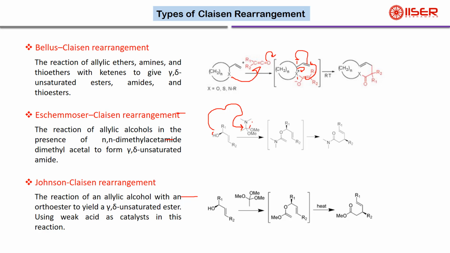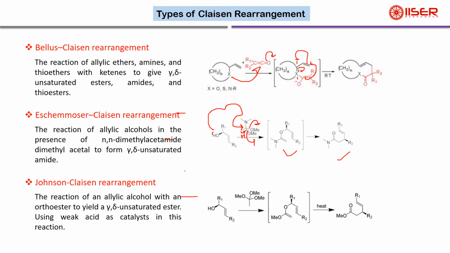One OMe leaves the system, and another OMe leaves with this adjacent H atom. This comes here, this leaves the system, forming this as one of our intermediates. Then it undergoes a Claisen reaction and forms this as our product.